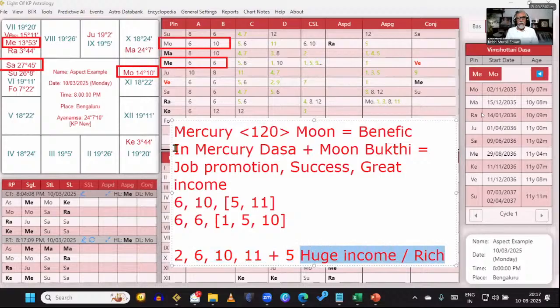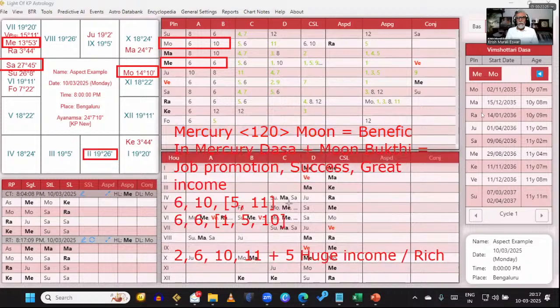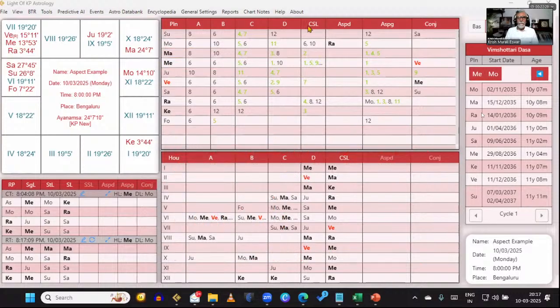Because Mercury is giving a 120-degree aspect to Moon. So phenomenal wealth will come during this period. Of course, the second house is also activated because Mercury is conjoined with Venus and Venus is owning Libra, which owns the second house. Okay, I hope this is clear to you.